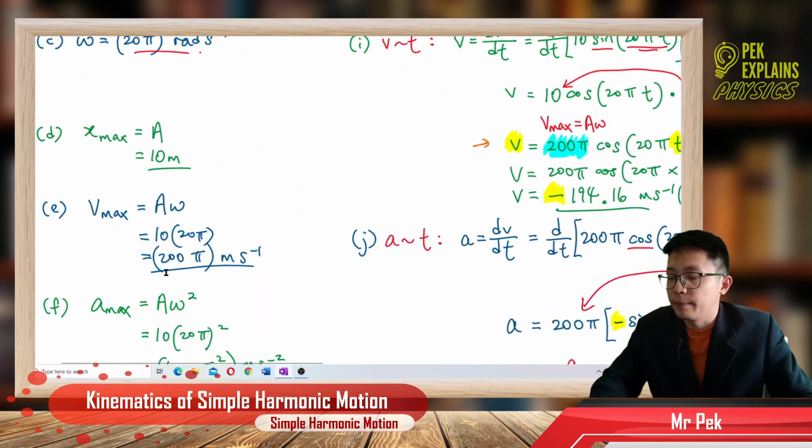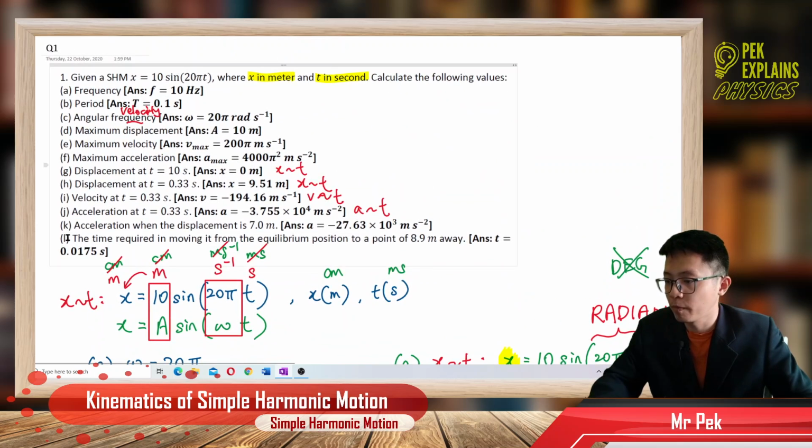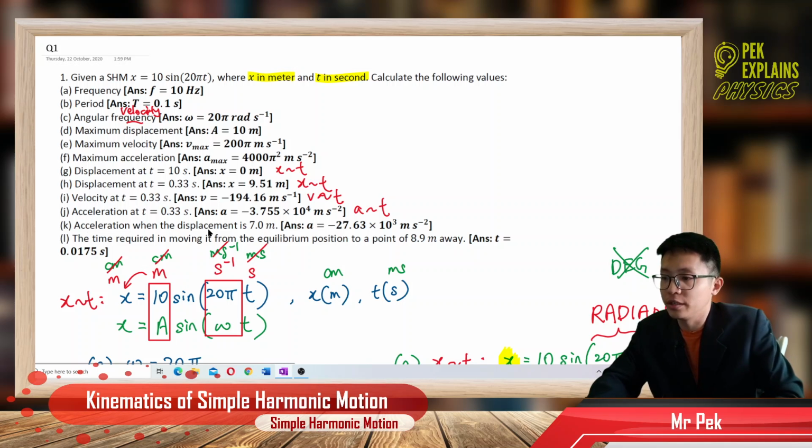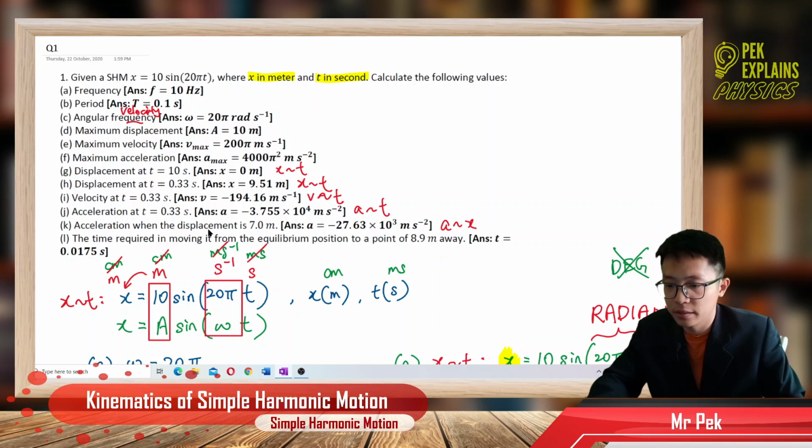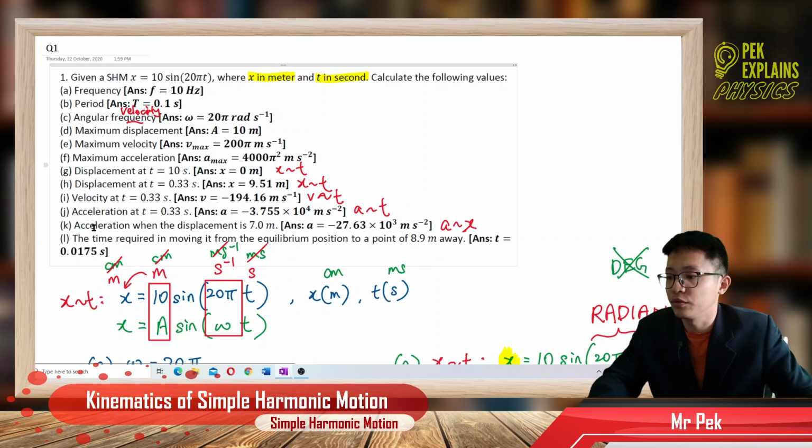Okay, now the next question. K: acceleration when displacement is 7 meter. Now you want the acceleration with displacement equation. Given the displacement, asked to find acceleration, so we need the acceleration displacement equation.